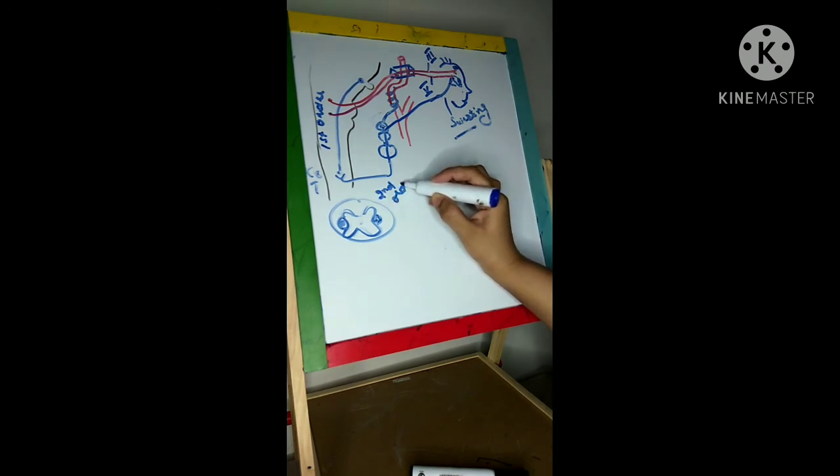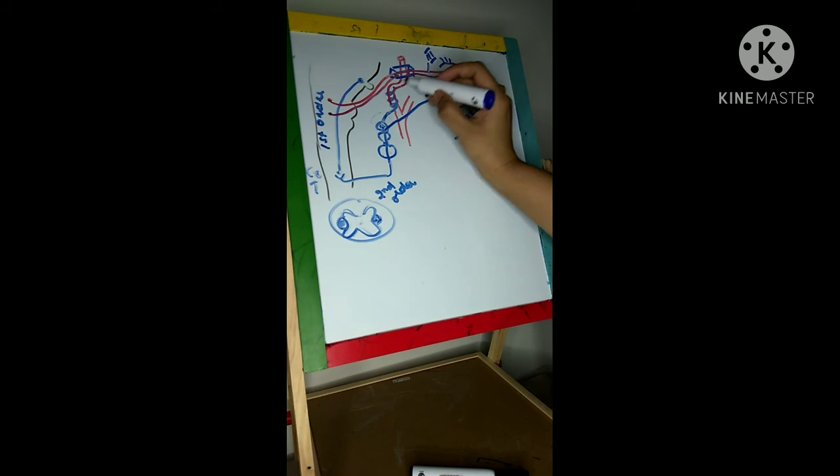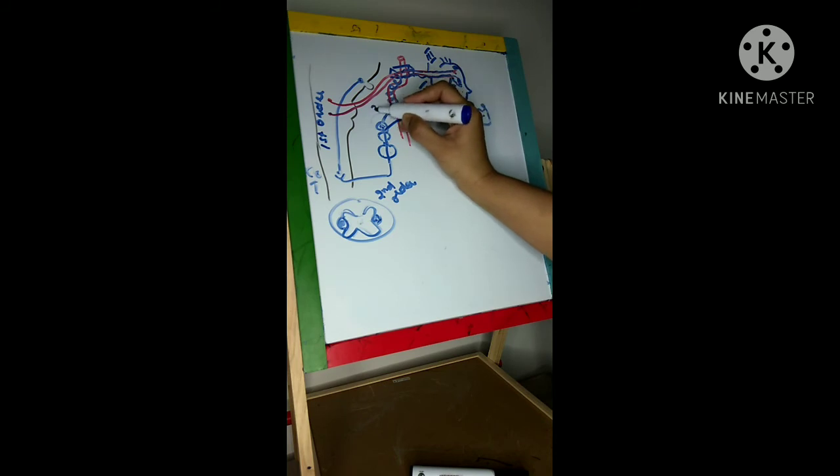So when there is impairment of these dilator pupillae muscles, there is miosis, and when there is impairment of the Muller muscle or the tarsal muscles, there is ptosis.